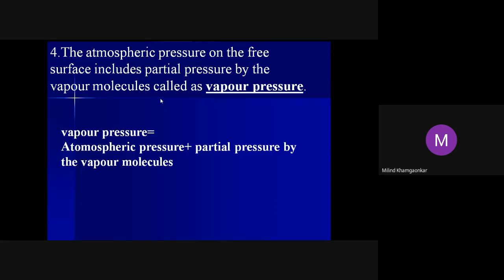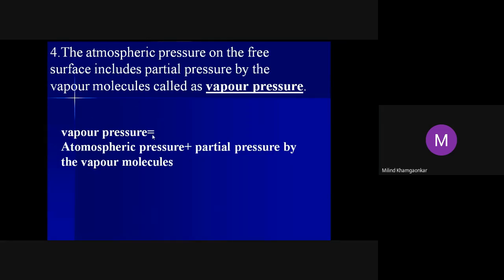So the total pressure acting over the water surface is called the vapor pressure, which includes the atmospheric pressure plus the partial pressure by the water vapor molecules. So vapor pressure is equal to atmospheric pressure plus partial pressure by the water molecules. You have noted this equation in your notebook.